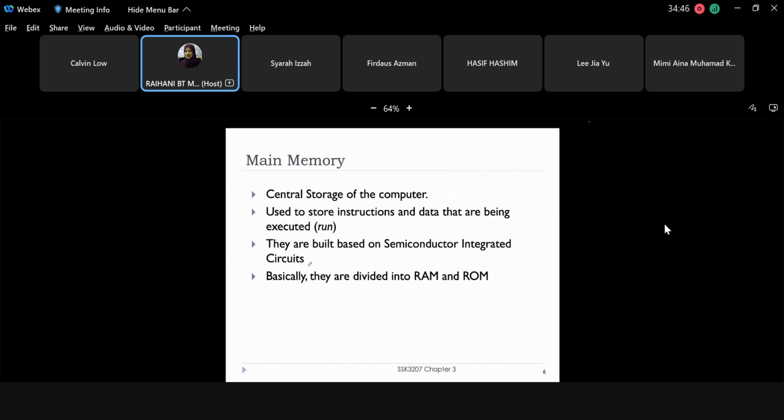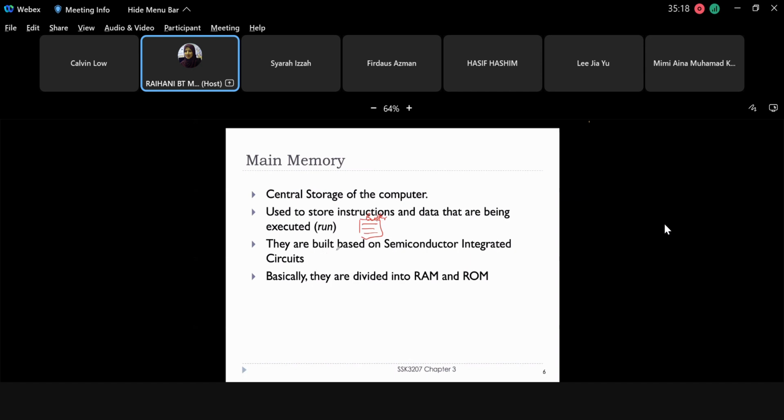The main memory here is the central storage of the computer, used to store instructions and data that are being executed. Because you need to store the instructions and data to be executed. What is stored here we call a buffer. A buffer is a mechanism to queue the instructions inside the memory.